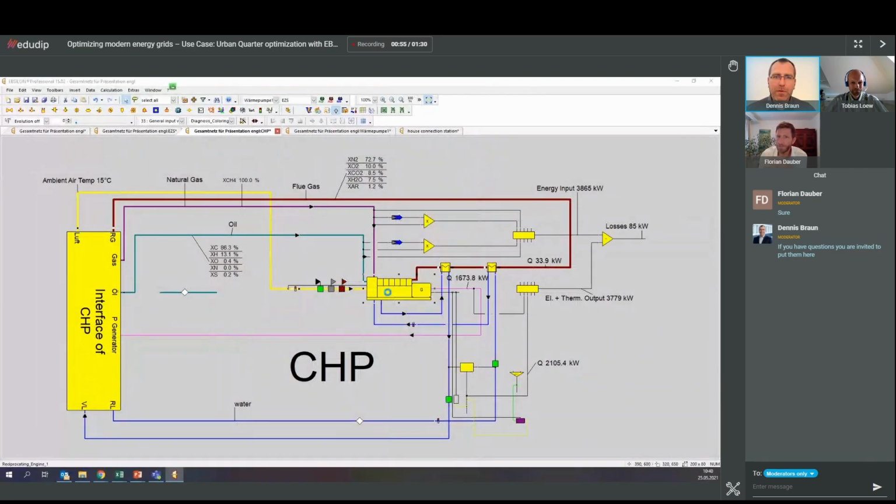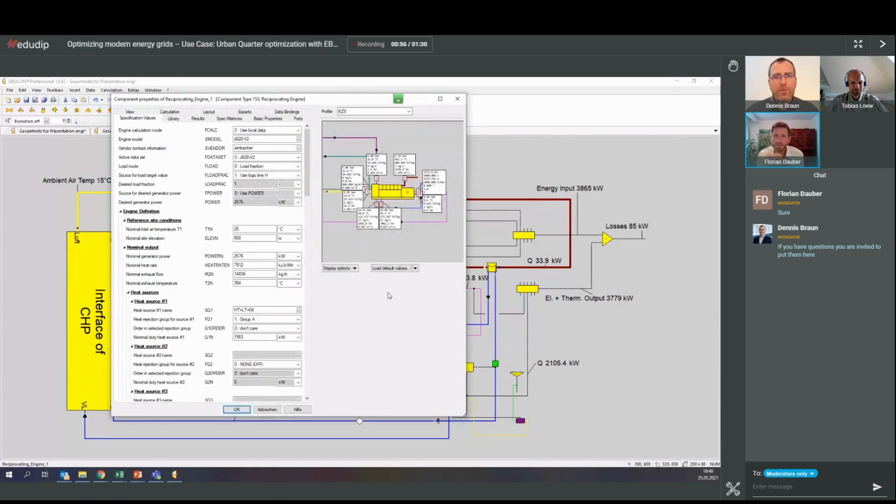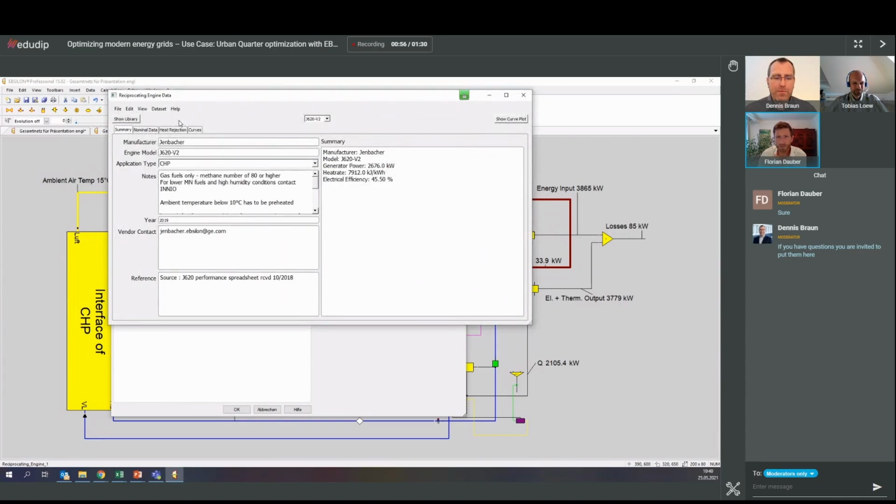Yeah. I think what was interesting in this project right here was the customer is using combined heat and power engines, right? And it is not always simple to get access to manufacturer data, as you probably all know in the audience from your own projects. And here we have access to a library of manufacturer data.